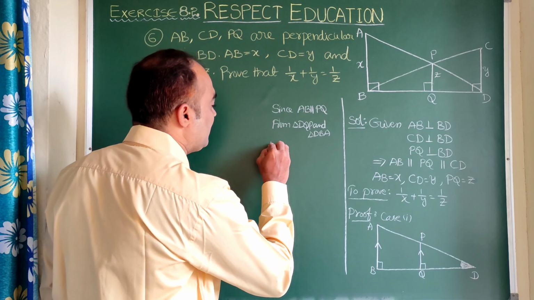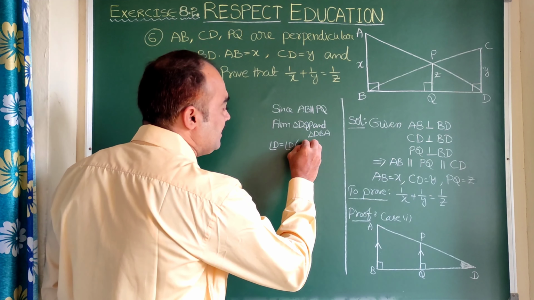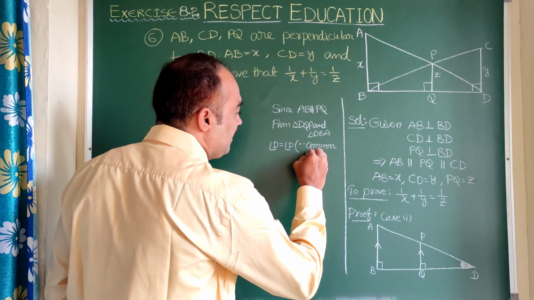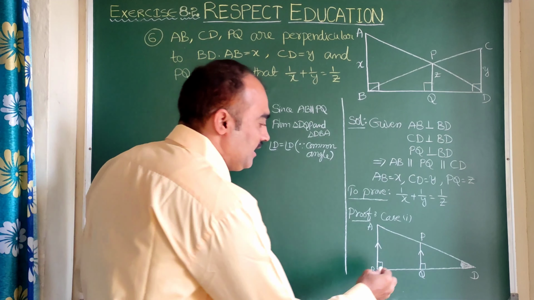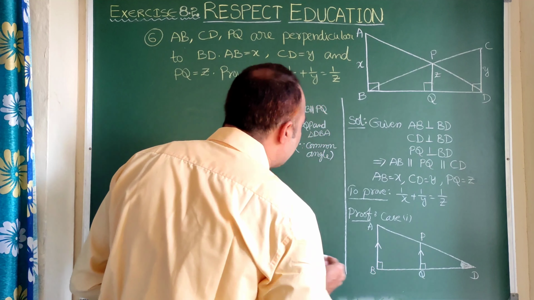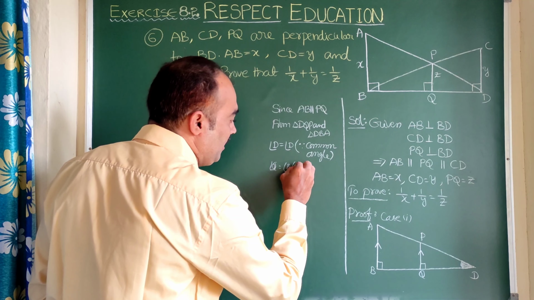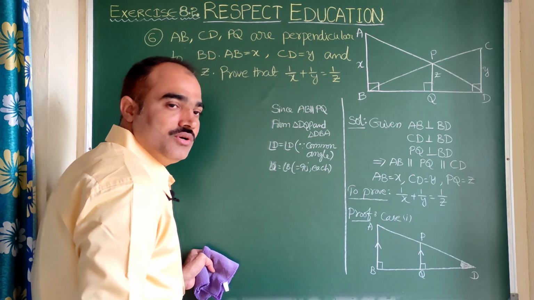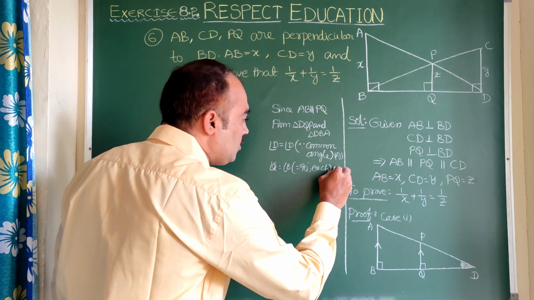So angle D is equal to angle D, since it is a common angle. Next, angle Q is equal to angle B, equal to 90 degrees each. So this is a pair of angles, and this is also a pair of angles.